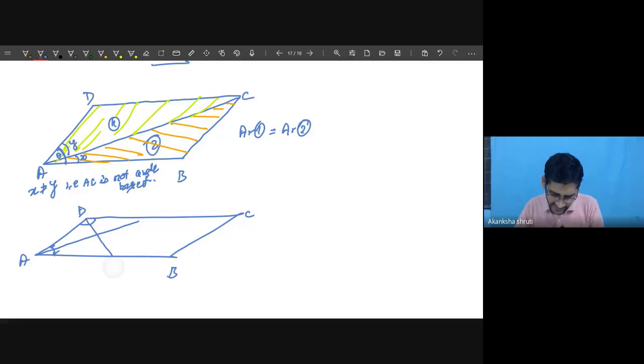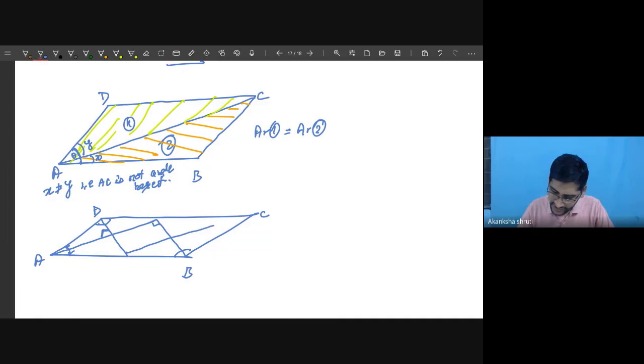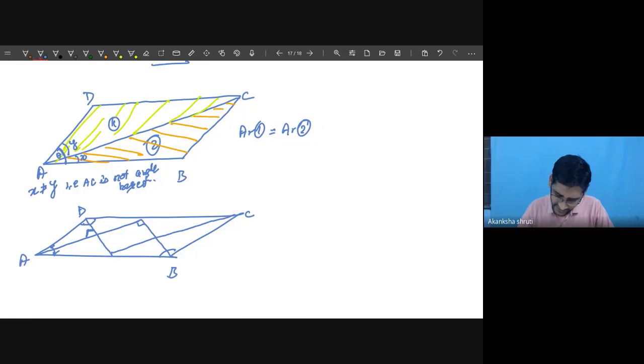Then we can prove that this angle is how much? 90 degrees. Correct? The other one, we can take the angle bisector of this one also. This angle will be 90 degrees. The angle bisector of this one also. This angle will also be 90 degrees.